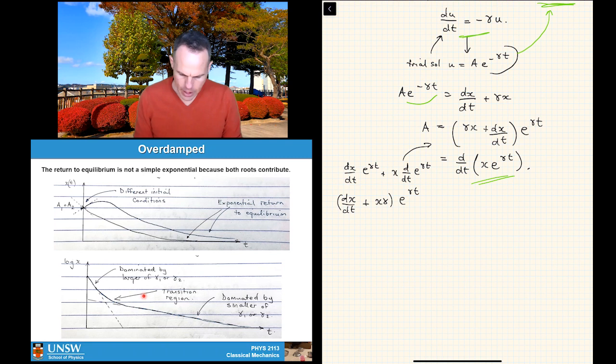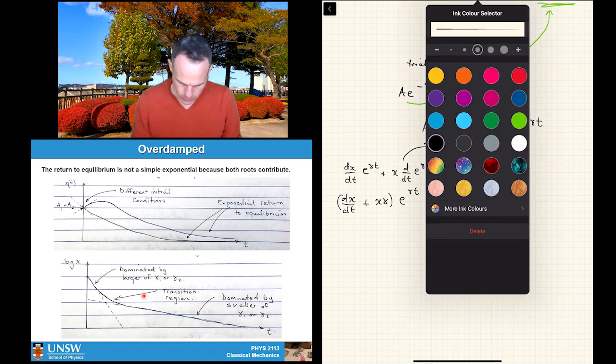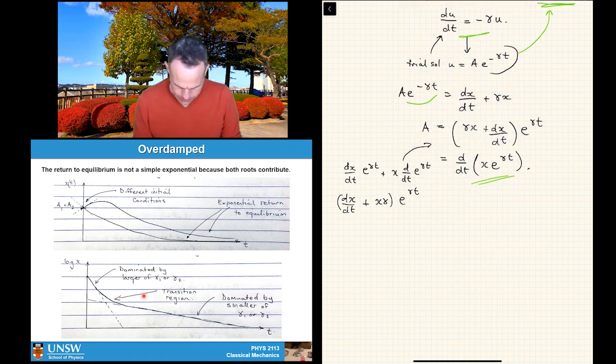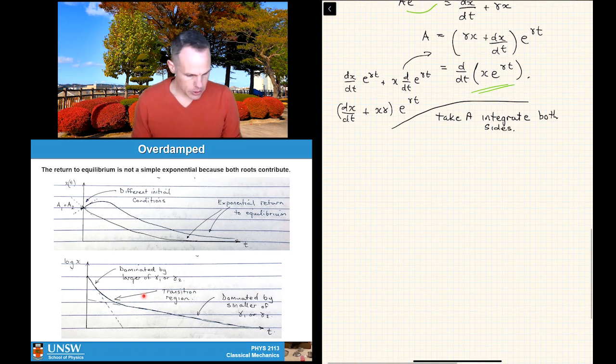So what we have here is A equal to d/dt of x e^(γt), and we can integrate both sides again in this particular case, right? So we're going to take A and integrate both sides.